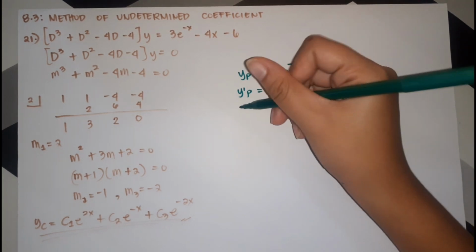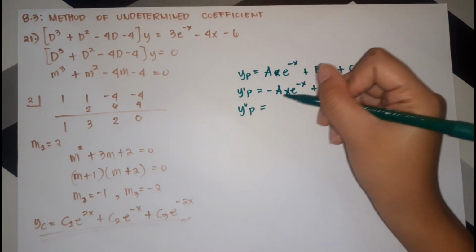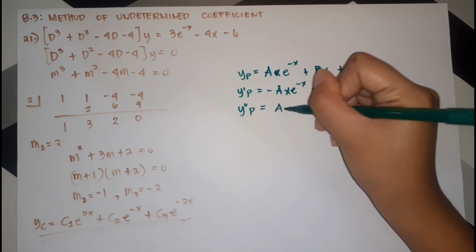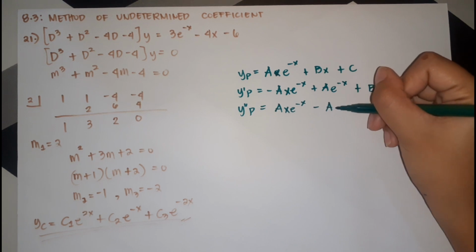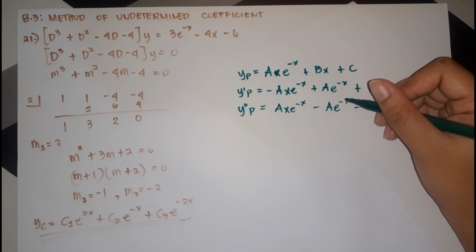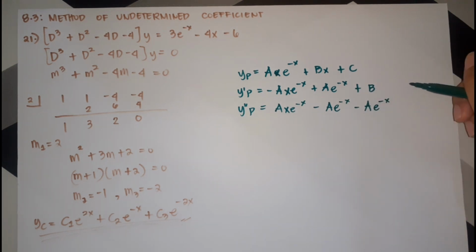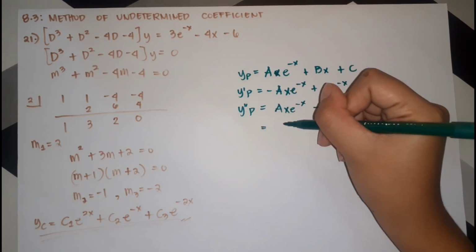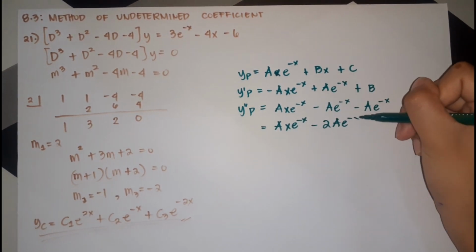The second derivative of our y sub p will be: the derivative of negative ax e raised to negative x is ax e raised to negative x minus a e raised to negative x, minus a e raised to negative x, and the derivative of b is already 0. Combining like terms, this will be ax e raised to negative x minus 2a e raised to negative x.